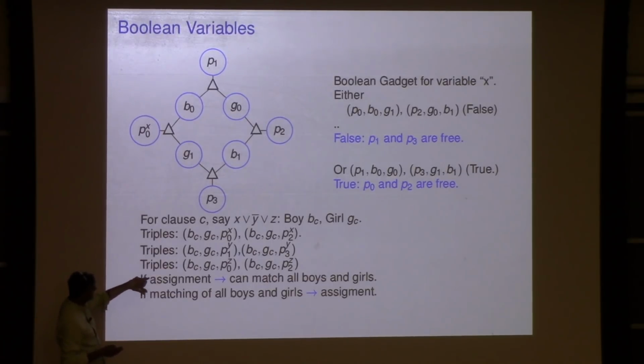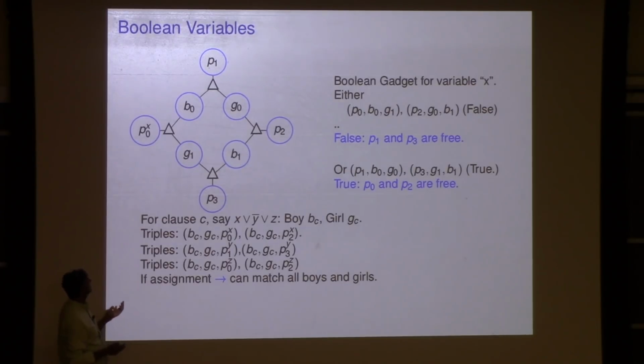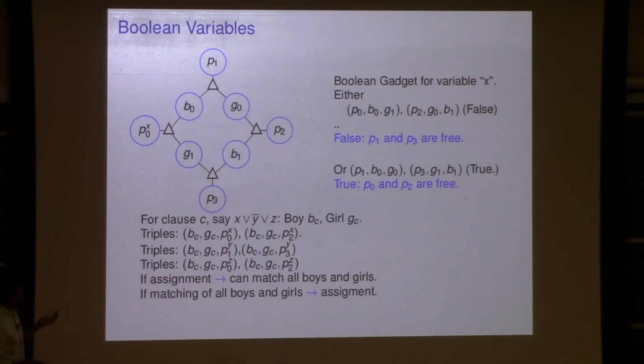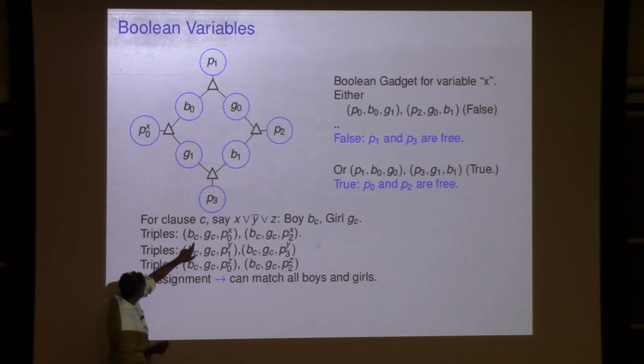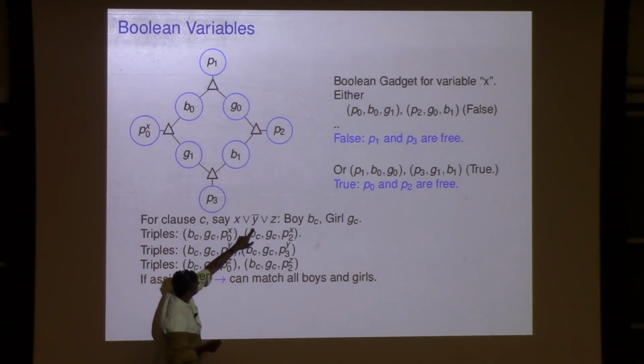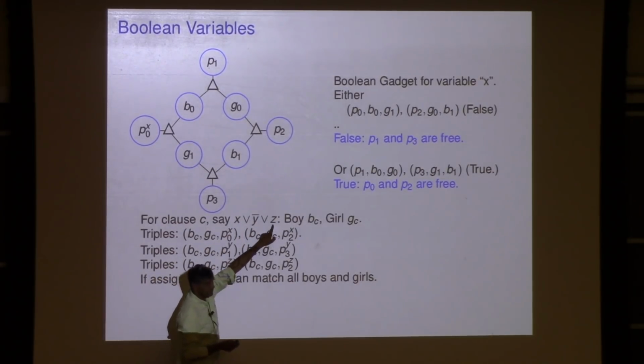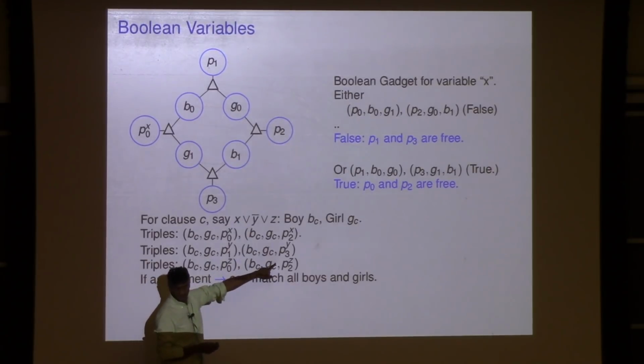And so why can I do this? Well, I take my assignment, I just argued this, right? If I take my assignment, I configure the gadgets corresponding to each one of these variables to choose either the vertical or the horizontal configuration, the true or the false configuration. And now, for any clause, I know that if one of these literals is true, one of these pets is available.